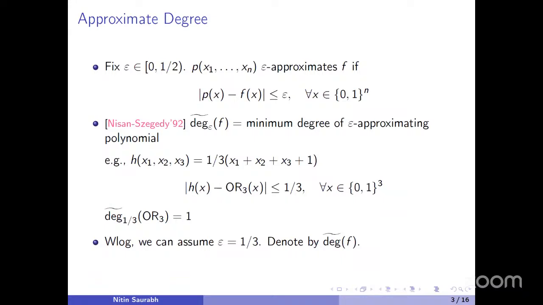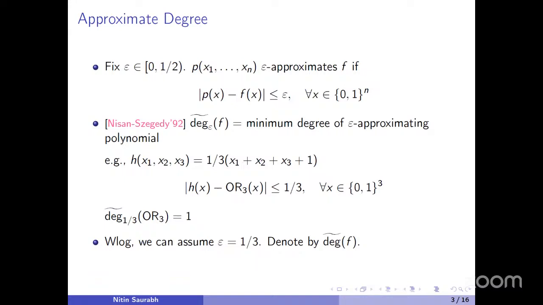We say that a multilinear polynomial epsilon-approximates a Boolean function if at every point it is within error epsilon of the Boolean value, so p(x) minus f(x) is within epsilon at every point. This was defined by Nisan and Szegedy, and approximate degree is the least degree of an epsilon-approximating polynomial.